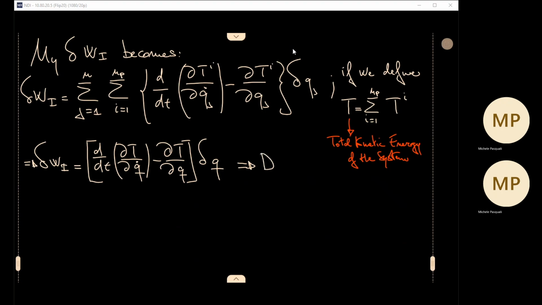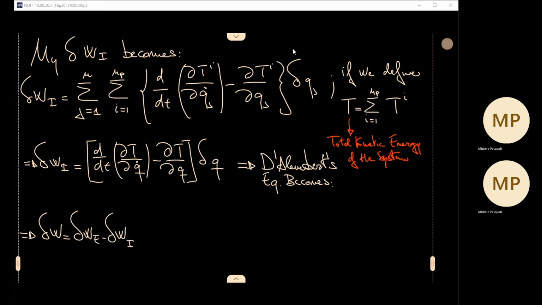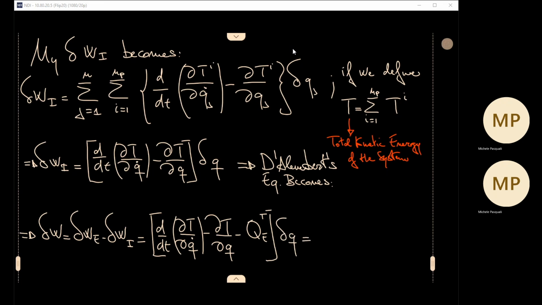Okay? And so therefore, D'Alembert's equation becomes delta W, which is delta WE minus delta WI, because again here we have workless constraint, so the C part is not there. d/dt of the partial of T over q dot minus the derivative of T with respect to q, minus QE transposed applied over delta q is equal to 0.